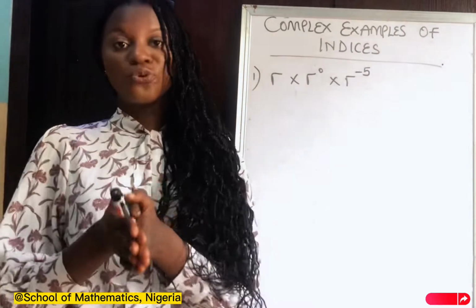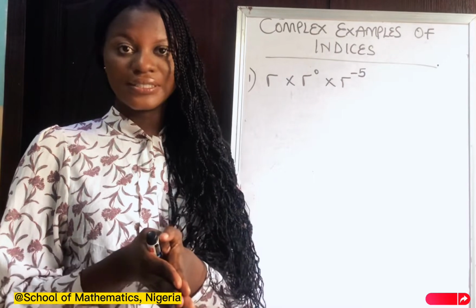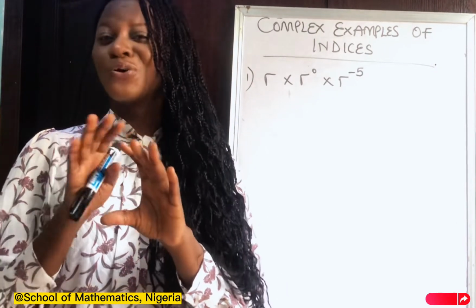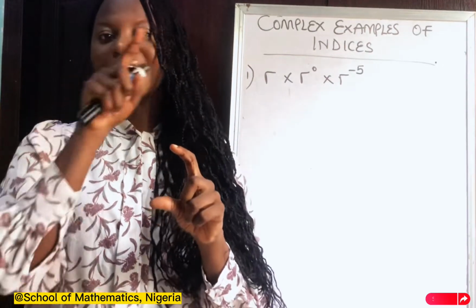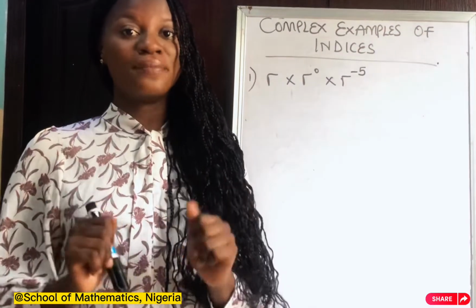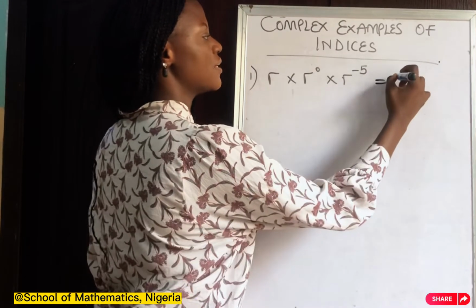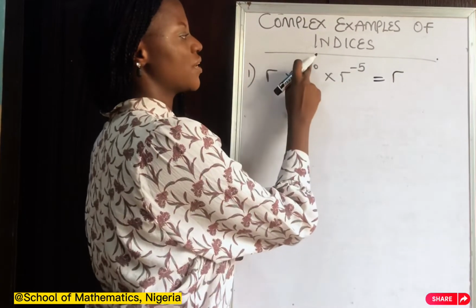Now, we already know from one of the laws of indices that when you multiply the same bases together, you just pick one base and add the powers. Let me show you what I mean. These are the same bases, right? But they have different powers.